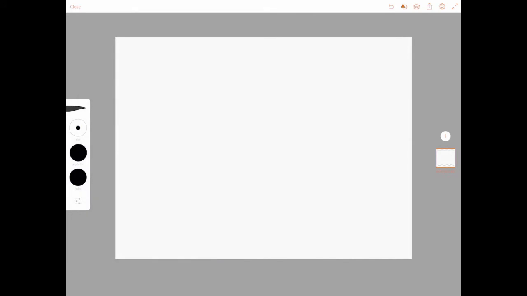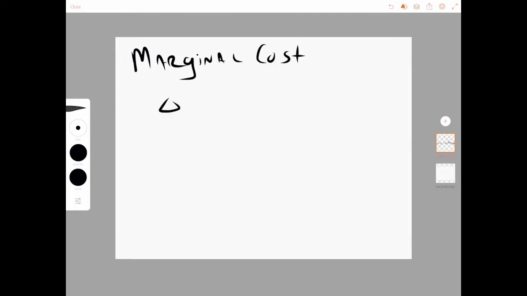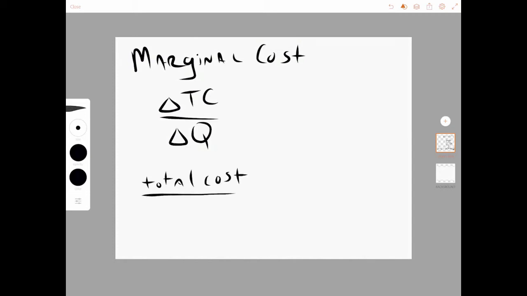The other margin that we're interested in here, of course, is marginal cost. And that is the change in total cost divided by the change in quantity. So if our total cost of production goes from, say, 800 when we produce 100 units to, let's say, 805 when we produce the 101st unit, now we can just put those numbers in.